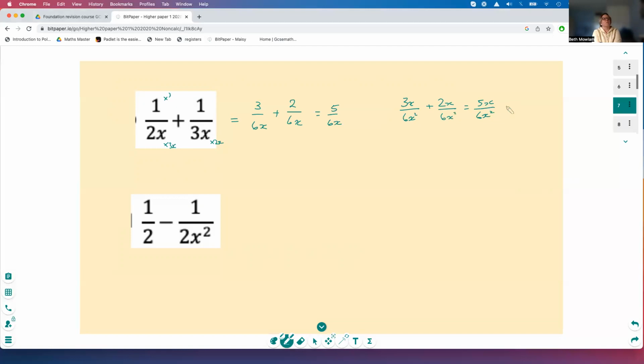I could have then simplified it down to get that. Now, the problem with doing that, this was not too bad to simplify down. The problem with doing that is when you have brackets to different powers, you suddenly end up with all kinds of x cubed expressions and things like that, which are a lot harder to factorize and simplify down. So you always want to try and keep it in the simplest possible to start with.